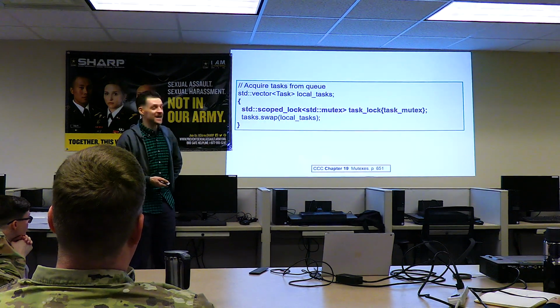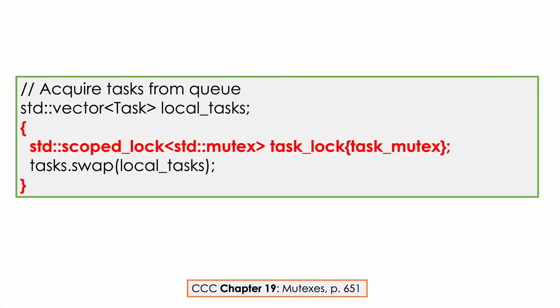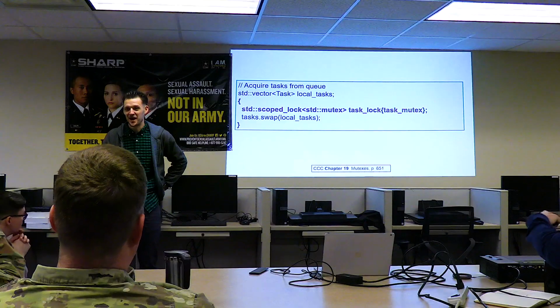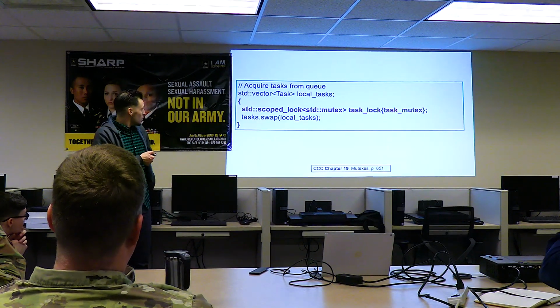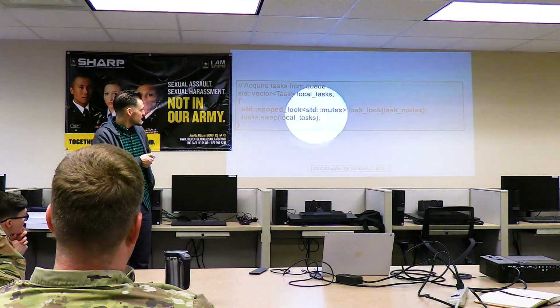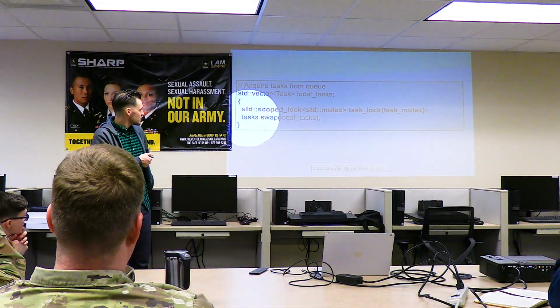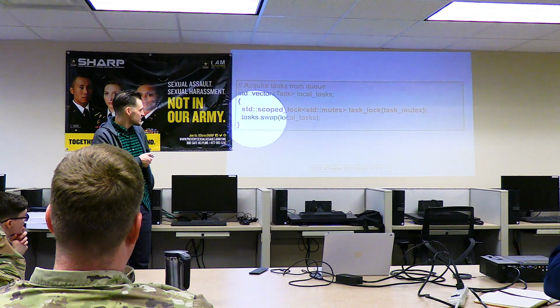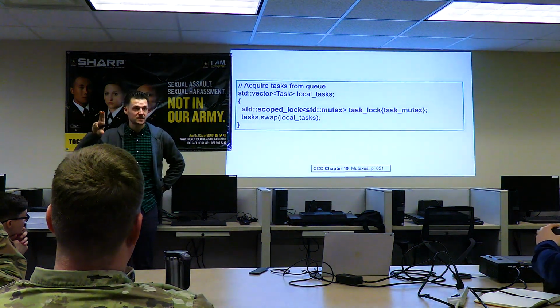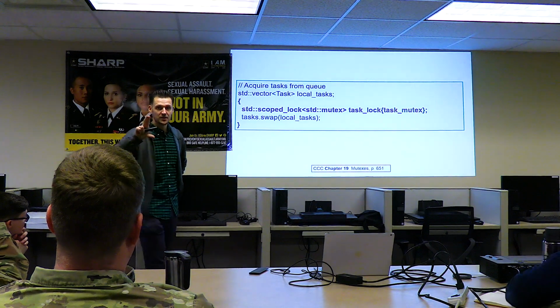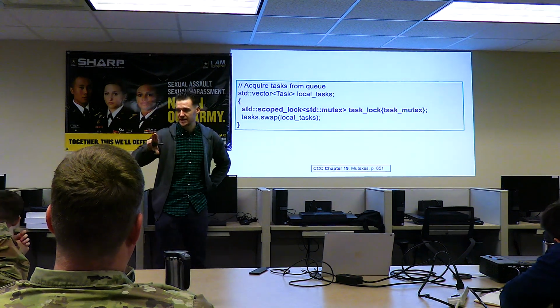So how do we acquire tasks from the queue? Have any of you written multi-threaded code in C? Okay, so I'm about to blow your mind. There's this object, tasks, that sits on the implant. It's a member of the implant, a field.